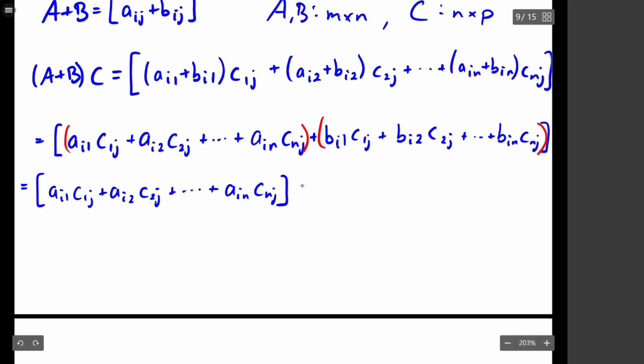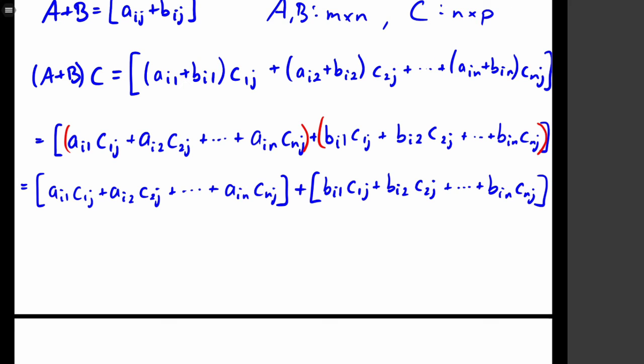Right, that's the first one. Plus, so split it into the second group, B_i1 C_1j plus B_i2 C_2j all the way up through B_in C_nj. Okay. But now this first one here, this is exactly A times C. The second one here is exactly B times C.